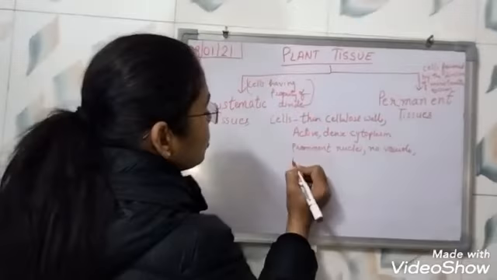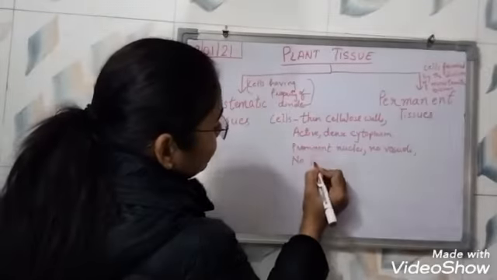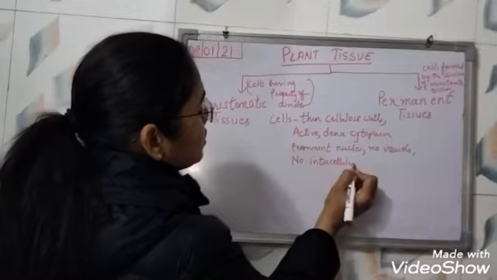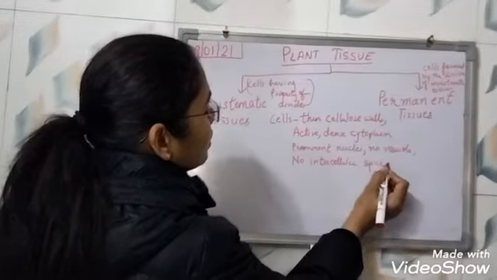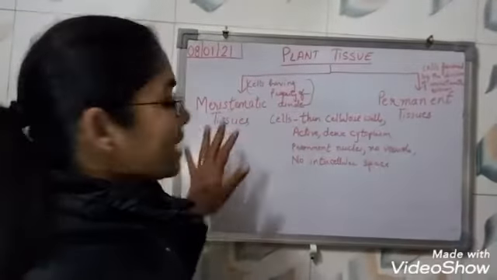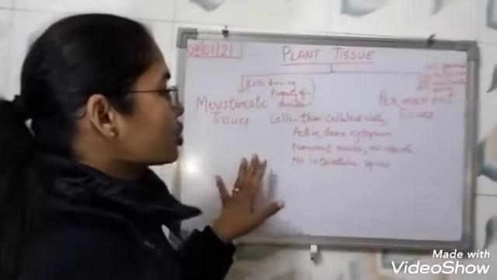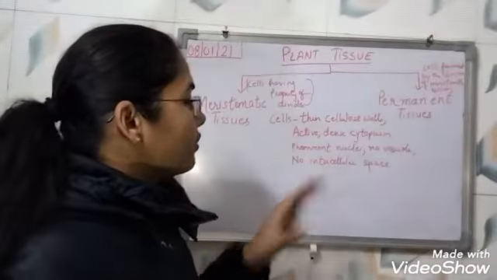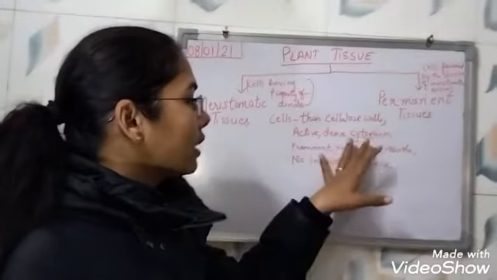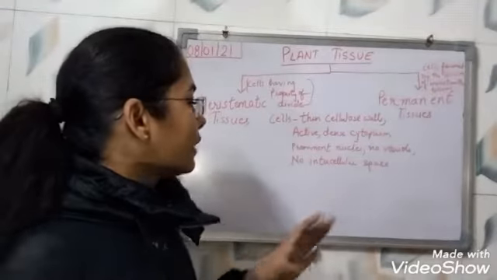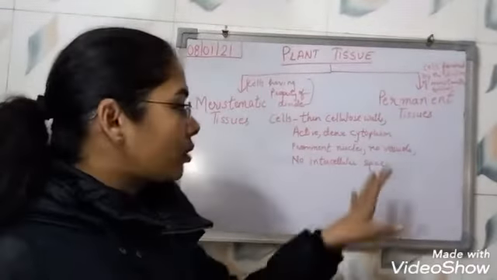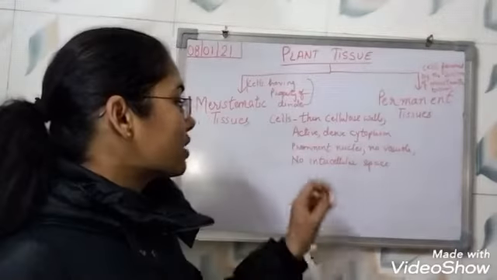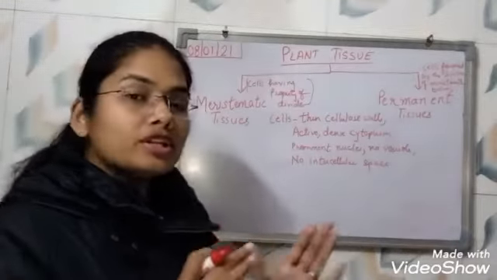Also there is no intercellular space. So the cells present in the meristematic tissues have thin cellulose walls, they are very active, the cytoplasm is very dense, there is no vacuole, there are prominent nuclei, and there is no intercellular space.